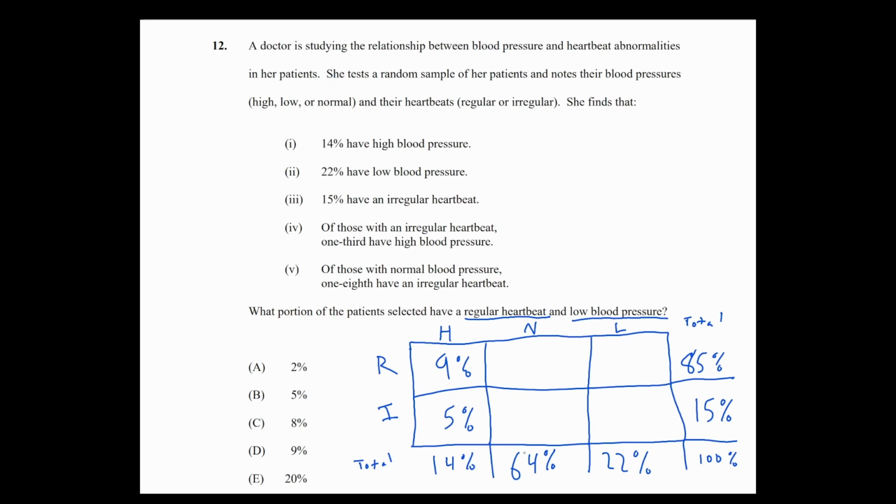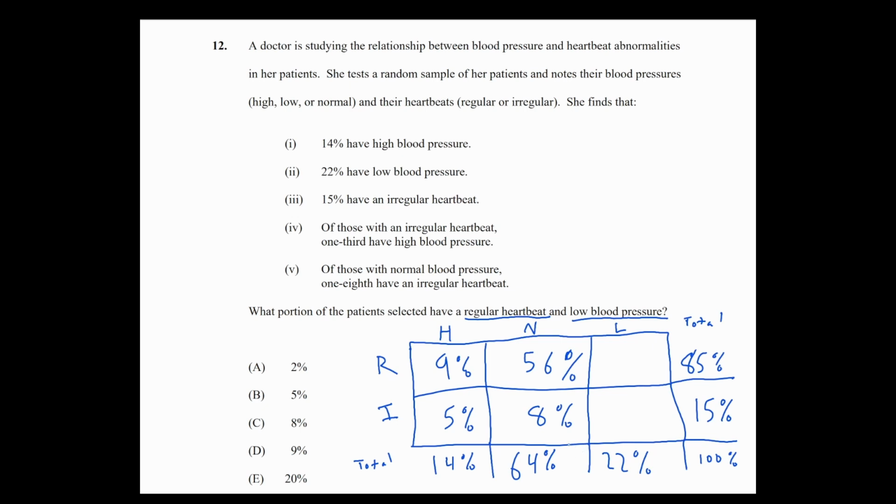So we divide the 64% by 8, which is 8%. That also means 56% of people with normal blood pressure have a regular heartbeat. I got that from 64% minus 8%, which is equal to 56%.